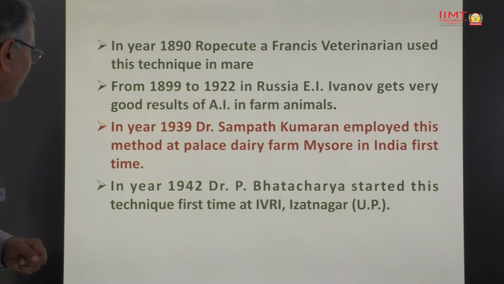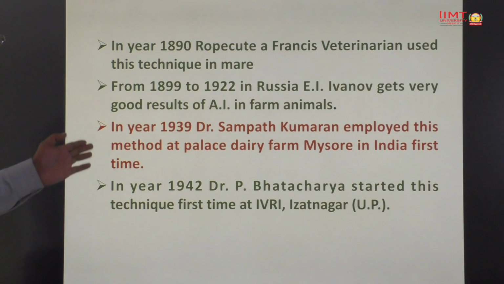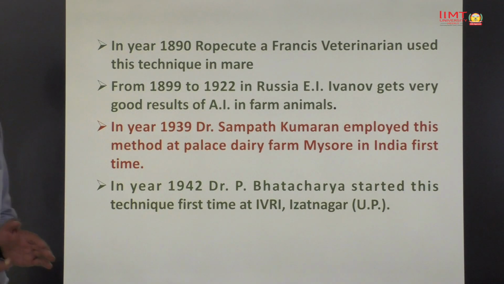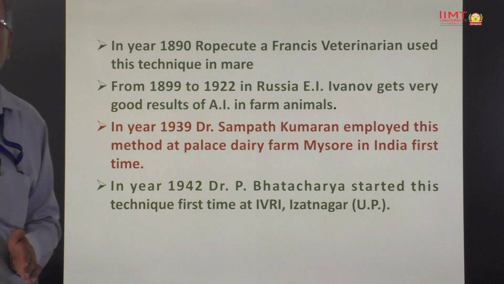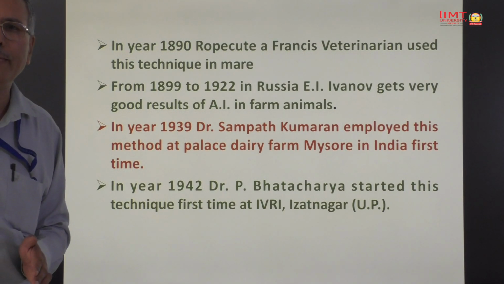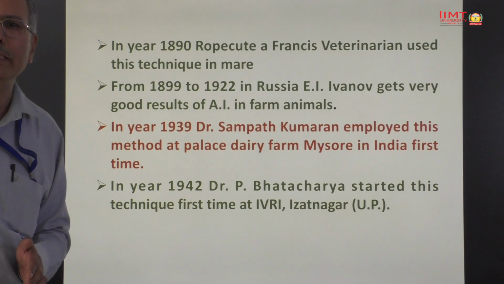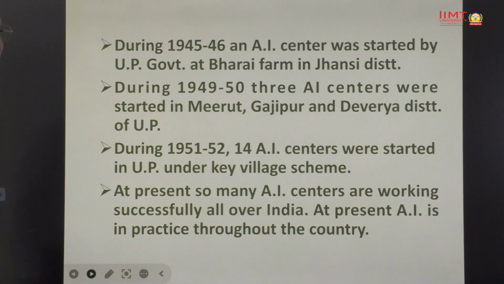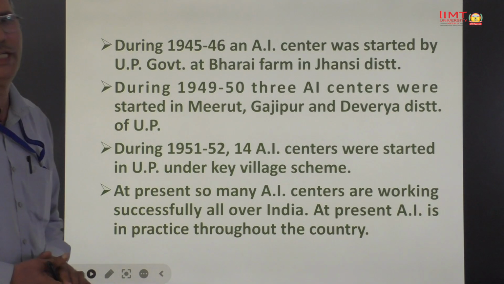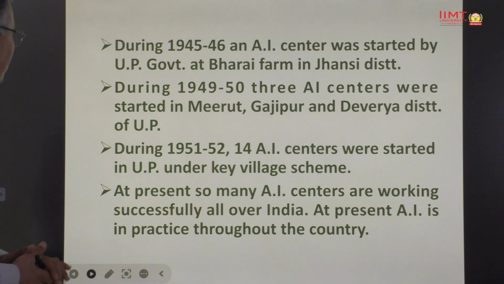In the year 1942, Dr. P. Bhattacharya started artificial insemination at IVRI Izzatnagar. During 1945 to 46, an AI center was started by the UP government at Bharari Farm in Jhansi district, Uttar Pradesh.